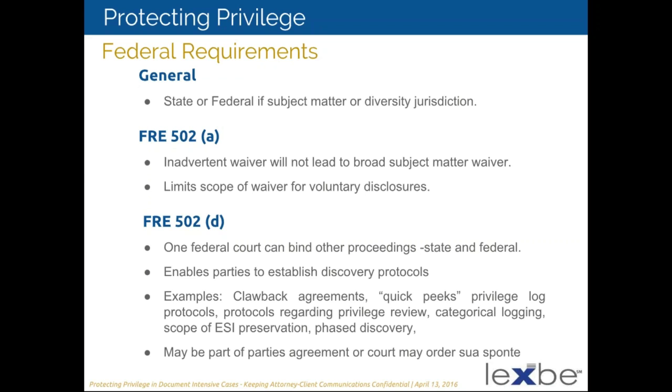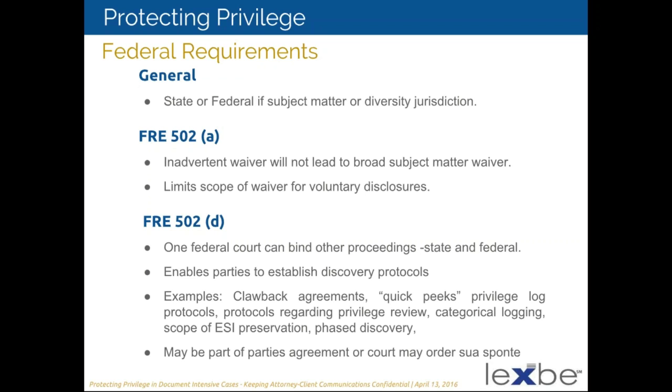502(d), everybody should be pretty familiar with this because it's very important. It enables the parties to establish discovery protocols, and these agreements can be integrated into the parties' agreements, but also into a court order. It's very open as to what this can be used for, and it's being used more and more creatively. It can be used for clawback agreements, which we'll discuss, that have been pretty common, but there can be a quick peek, privilege log protocols.